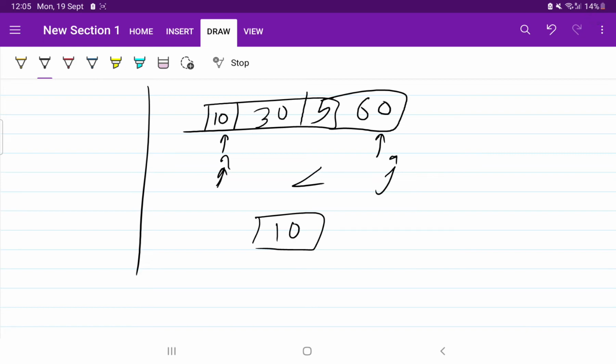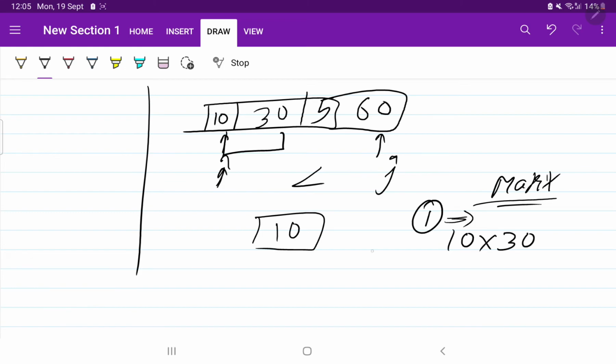You are going to say it is not going to make any sense. Why? Because there is only one element, and for a matrix dimension we need two elements. I told you 10 into 30 is going to be the dimension of the first array. But if only one element is given in the array, how are you going to find the dimension?